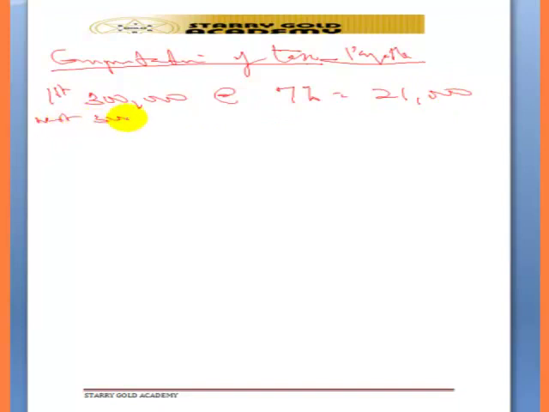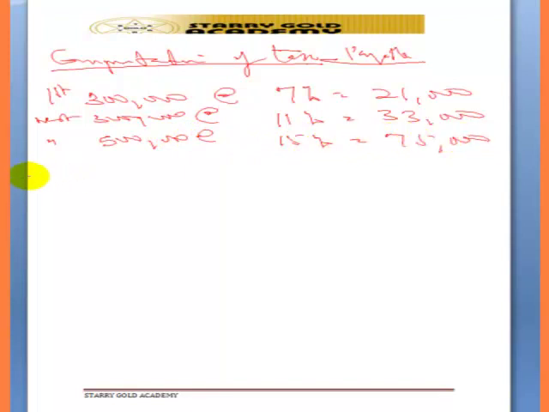Next, 300,000 at 11%, which is 33,000. Next, 500,000 at 15%, which is 75,000. Next, 500,000 at 19%, which is 95,000.